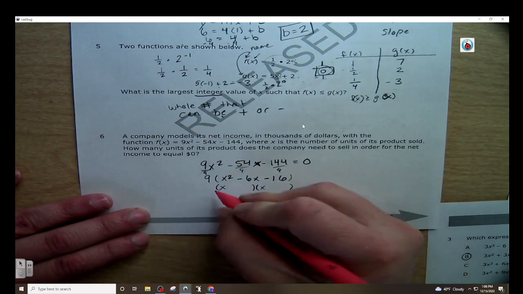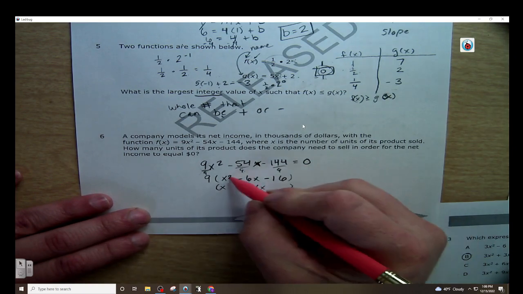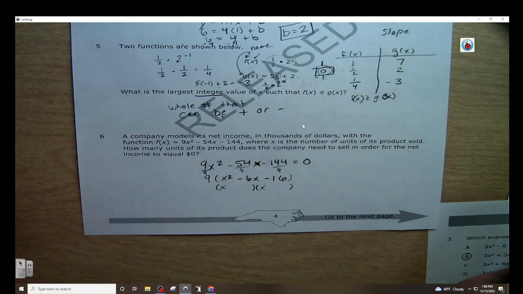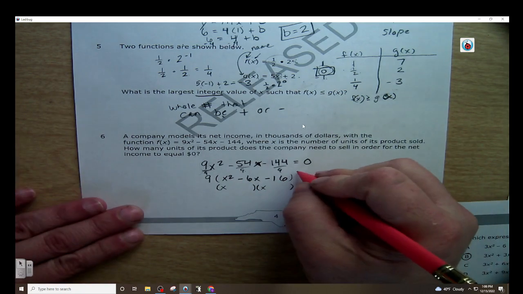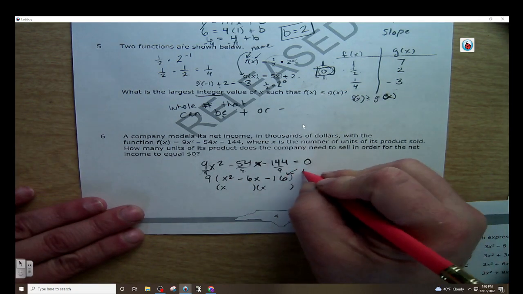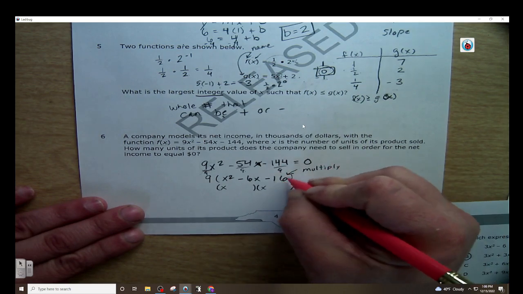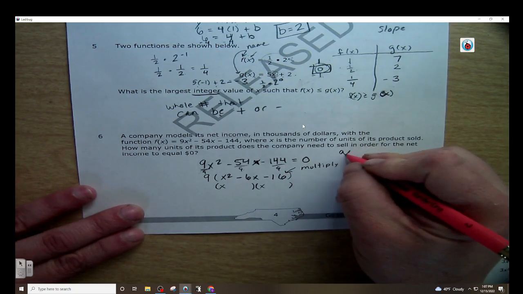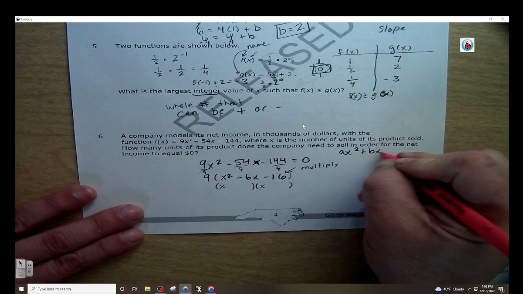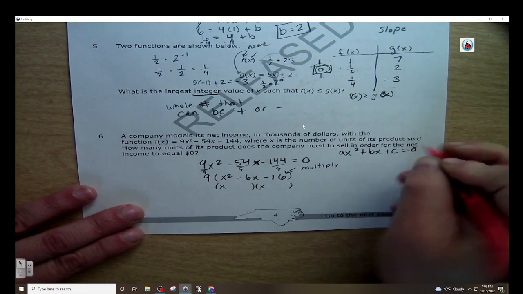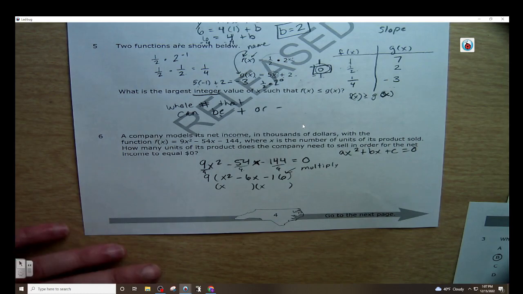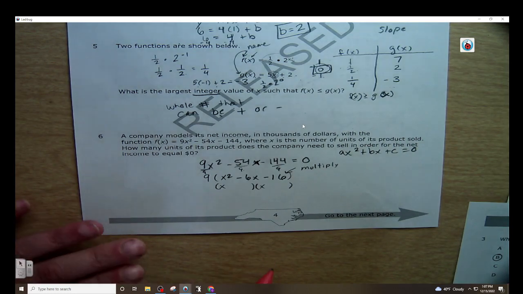Now I notice I've got an x and an x, because x times x is x squared, which would give that back to me. Now, I need 2 numbers that multiply to give me my c value. That's my c value, because remember, standard form of a quadratic is ax squared plus bx plus c equals 0. That's standard form, okay? I need 2 numbers that multiply to give me my c value.